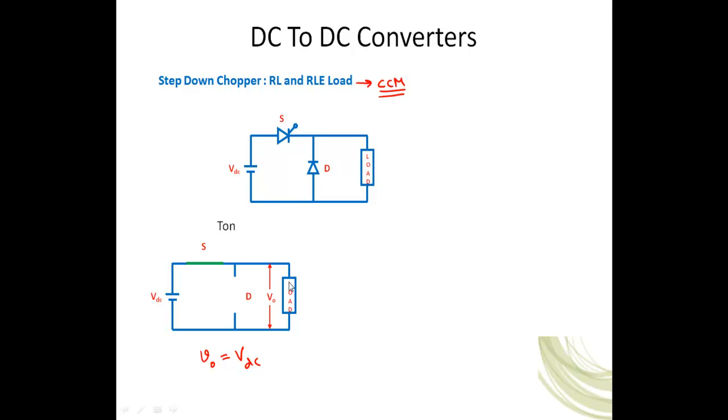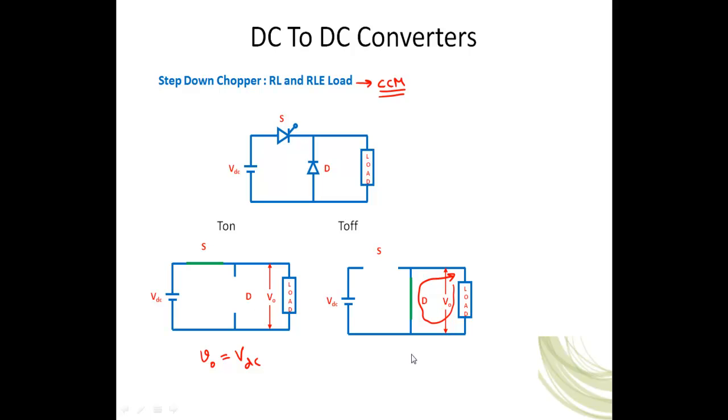During this period, whatever inductor is there in the load, in this case or in this case, will be getting energy from the source. When the main switch S is off, this inductor forces this diode to be turned on. In this way, the load current flows through the diode like this.